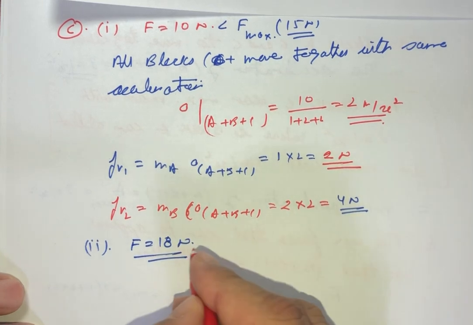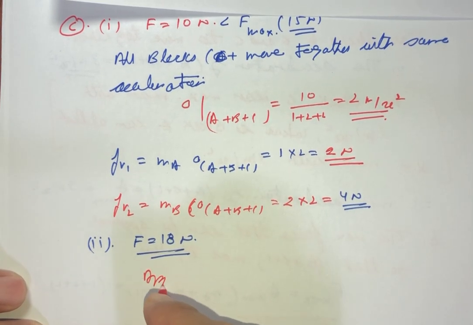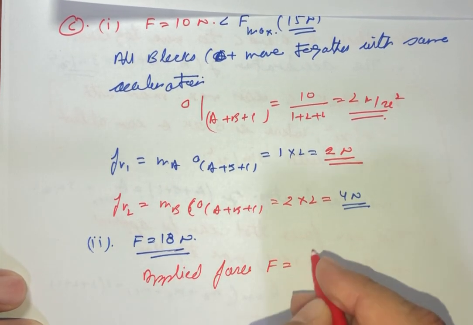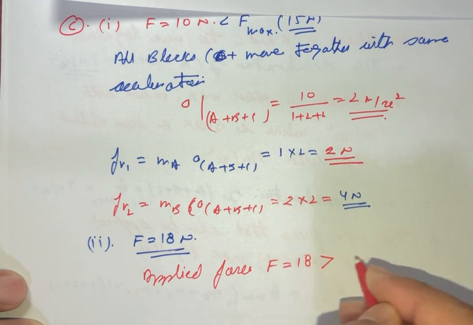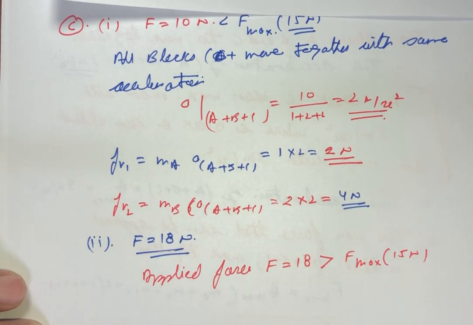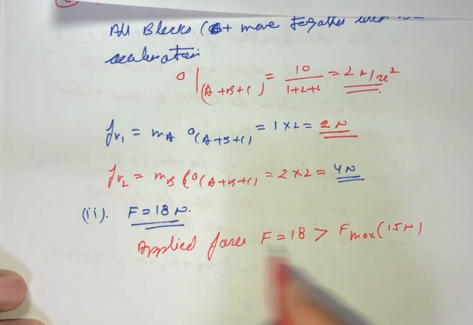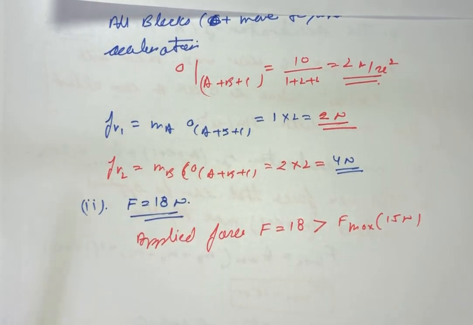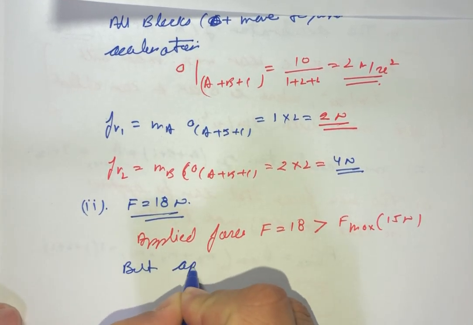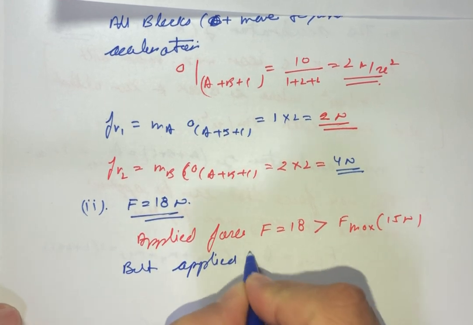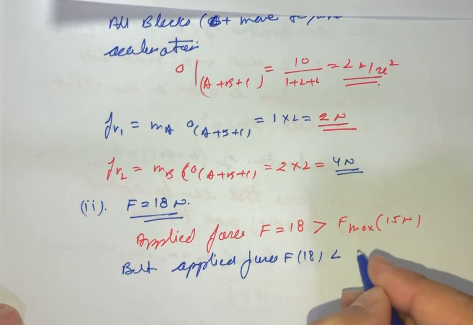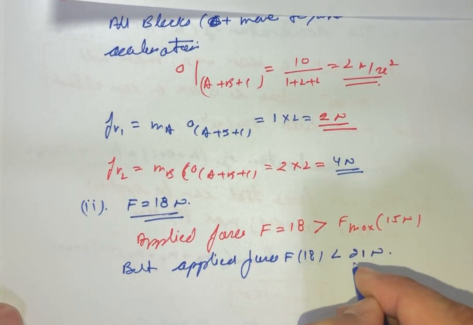The applied force F, 18, is greater than F max, whose value is 15 Newton, but the applied force F, which is 18, is less than 21 Newton.